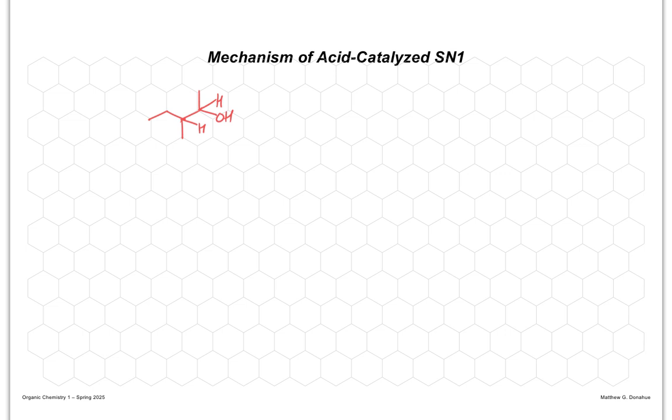I'm going to stick those hydrogens in just so we can keep track of them. Normally I wouldn't show them because they're bonded to carbon. We're treating with hydronium H3O+, in methanol.